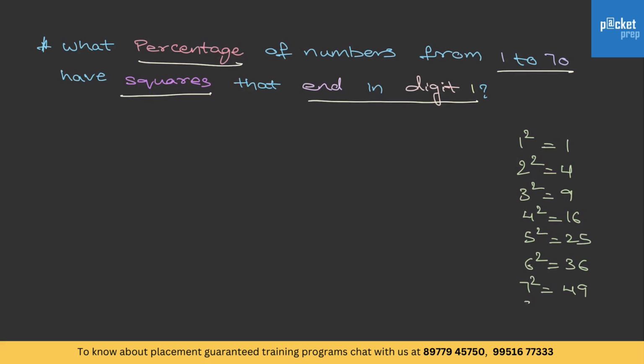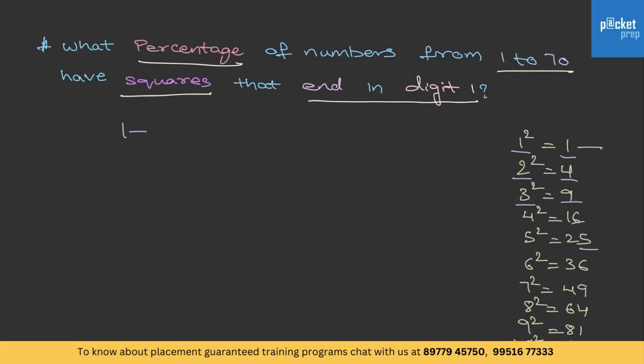Similarly, if we look from 1 to 10, after squaring the numbers, we have end digits as 1, 4, 9, 6, 5. So in the question, they've asked us how many numbers like this end with digit 1.